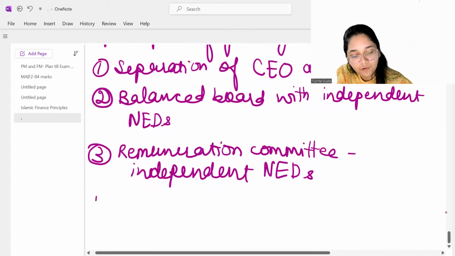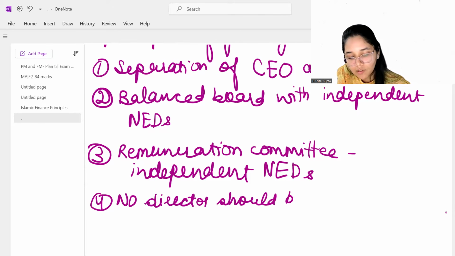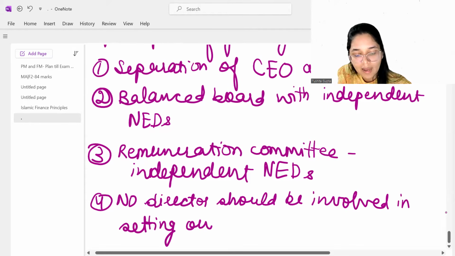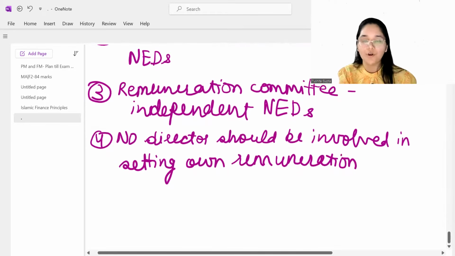Then talk about the fourth point over here, which says that no director, which I've already covered here, should be involved in setting their own remuneration. So if I am a director in a company, I should not be involved in deciding how much salary I would be getting, because otherwise I will try to set it as high as possible.